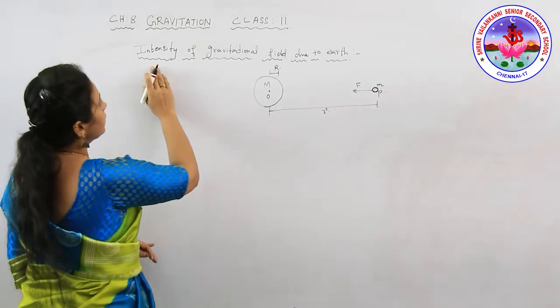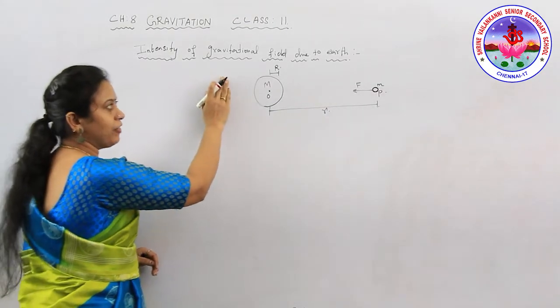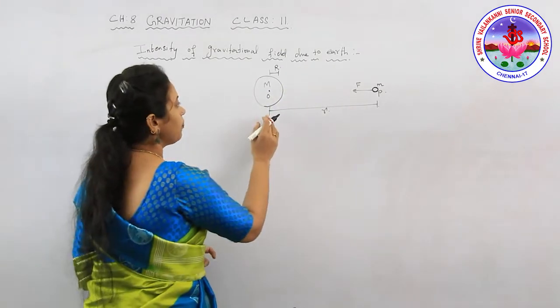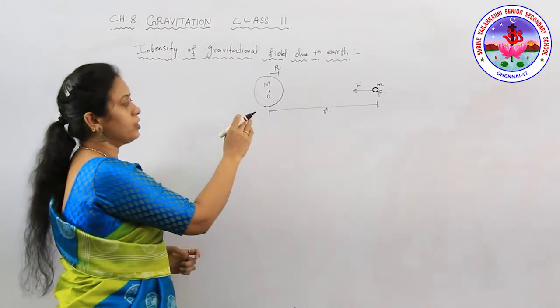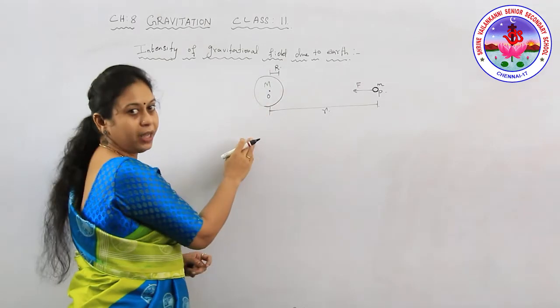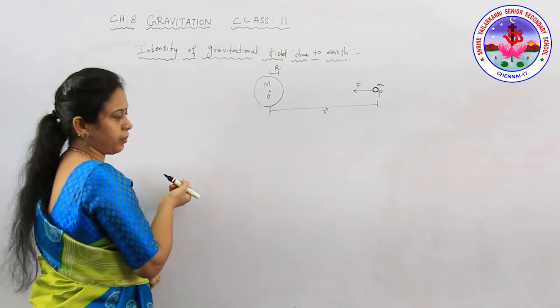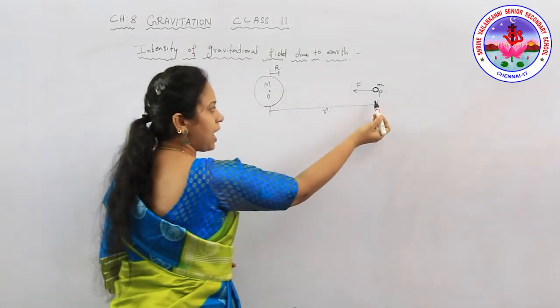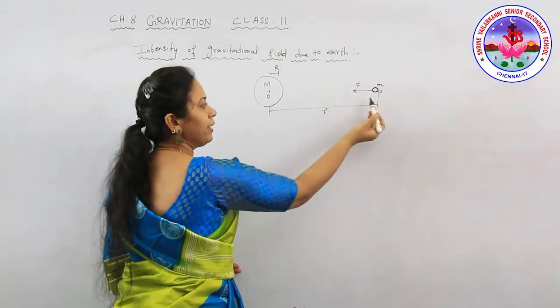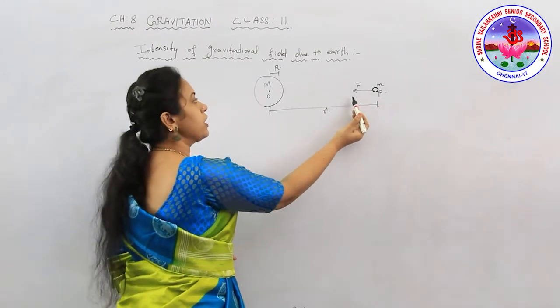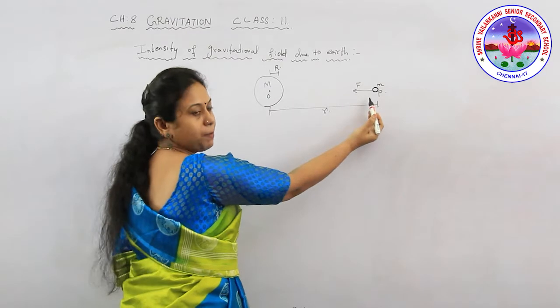The next one, children, is intensity of gravitational field due to earth. We can take the earth as a sphere of mass M and radius R. Now a test mass m is kept near the earth and there is a force of attraction between the earth and the test mass.